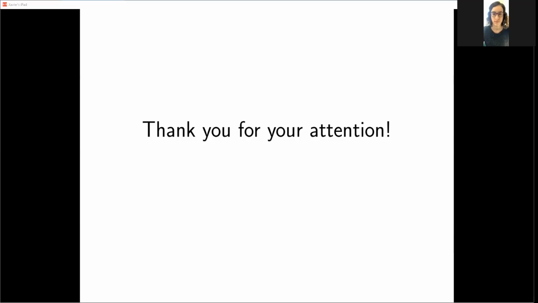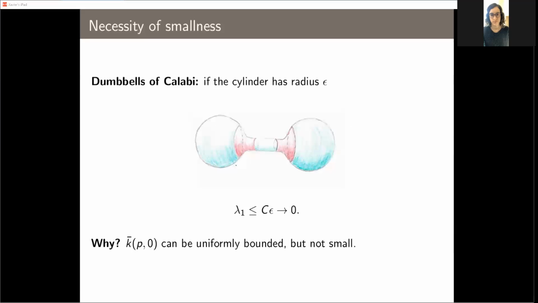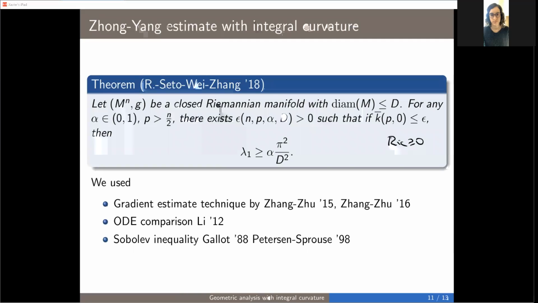More questions? Hi. Can you go back to your main result? Oh, yes. So I was wondering, do you think it's possible to get a similar bound, but in a way that on the right-hand side you have a k-bar?